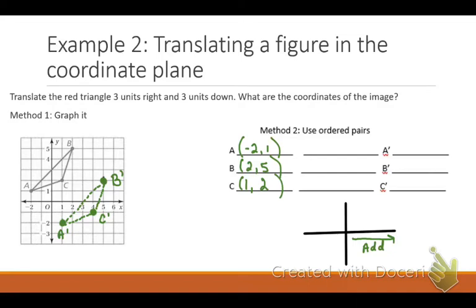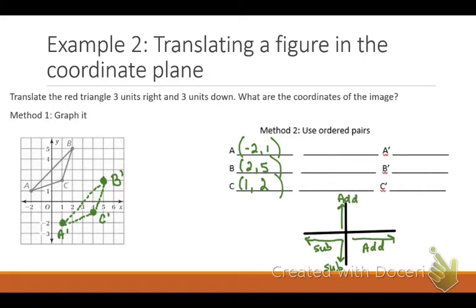If it tells me to move the point to the left, what do you think that's going to mean? To subtract. So what do you think if I told you to move that point down? Do you think that would be add or subtract to go down? That would be to subtract. And if I told you to move that point up, that would mean to add.